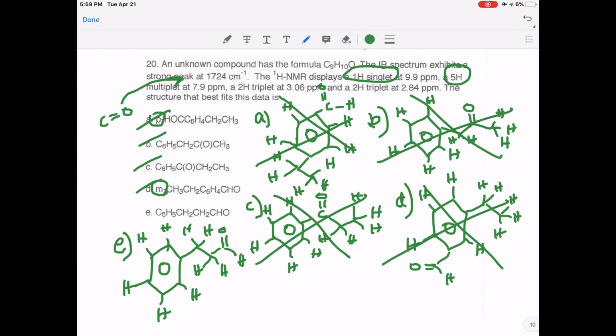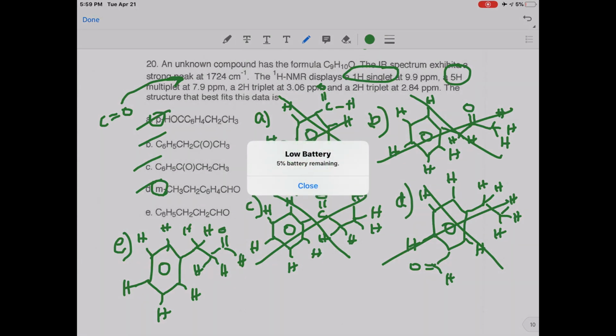So when we see that, let me just clear that out. It says that there is a 2 proton triplet at 3.06 ppm and a 2H triplet at 2.84 ppm. So if you're given NMR data that's around the 2 to 3 range for a chemical shift, then it's a strong indicator that you might have an alkane.